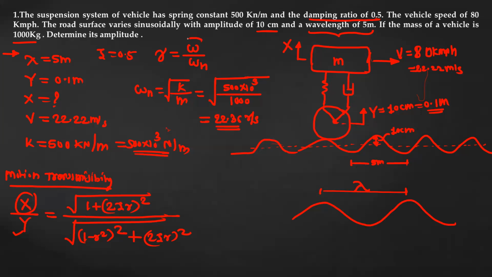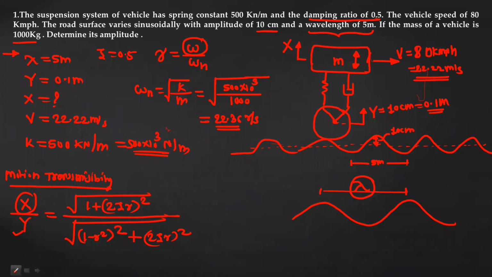Now we have to find out the external frequency. So what does external frequency mean? Whenever this automobile is passing over this speed breaker, this mass will continuously oscillate. So for the mass oscillation, we have to find out the frequency. That frequency depends on the vehicle speed and this wavelength. Therefore this wavelength is given in order to find the omega value.